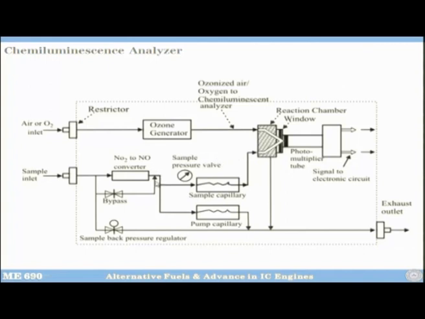Now, what I do is that I open this bypass and I close this ozonator. So, what will happen? All my NOx will go into this, but this NOx has NO2 plus some NO. So, only some NO will be detected here, because only that NO will react with the ozone.